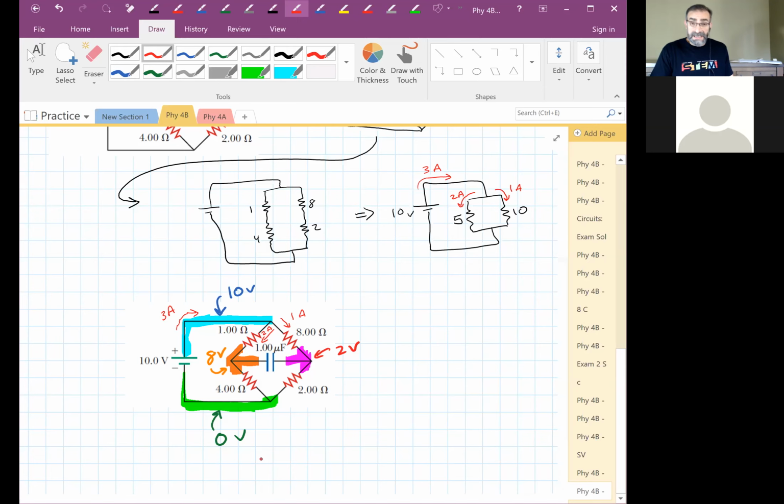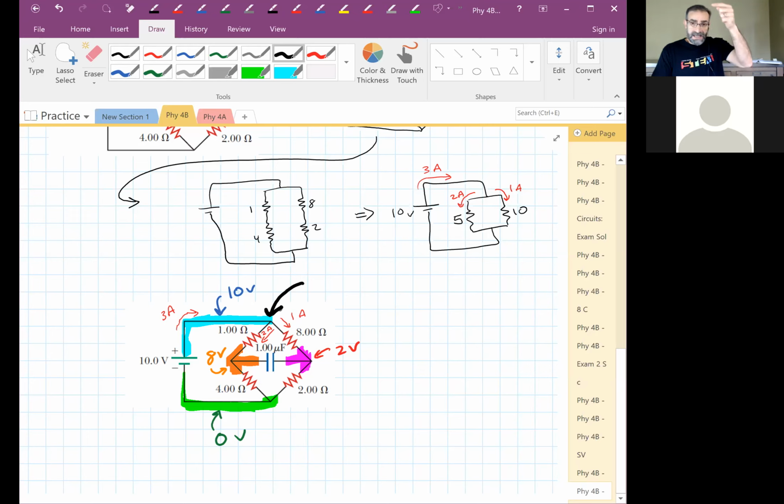Think about it like hiking trails. You were standing here at 10 volts and you go to the left through the 1 ohm resistor, and you have to drop by the voltage there, right? That's 2 amps times 1 ohm, a 2-volt drop.